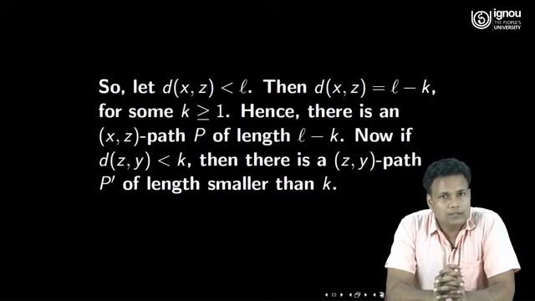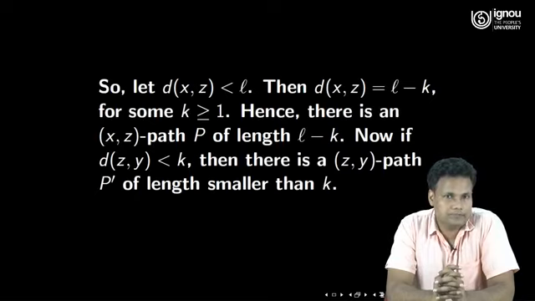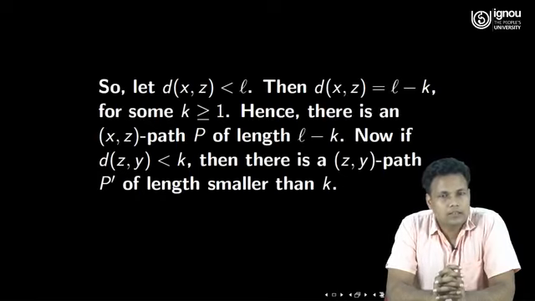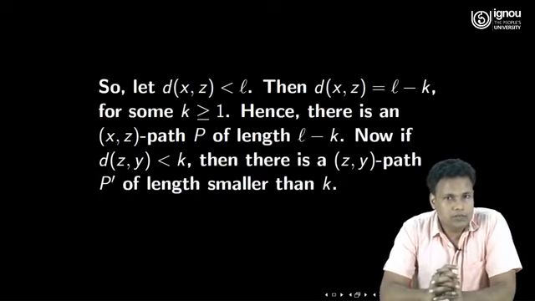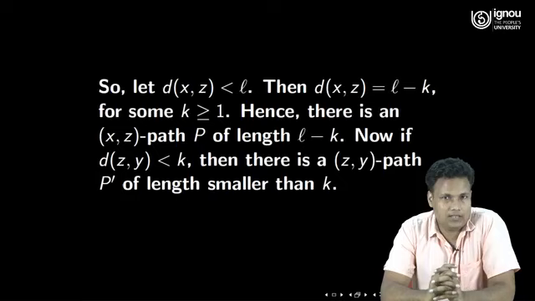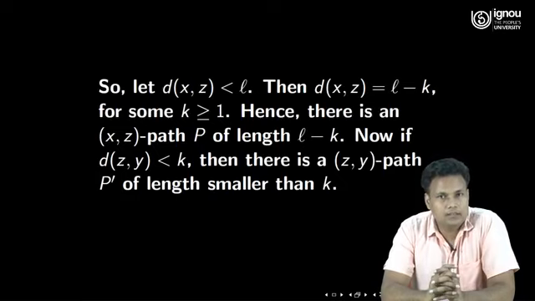Now we claim that the distance between z and y cannot be smaller than k, because if it is smaller than k, then there is some yz path, say p dash, which has length smaller than k, and we have the path p which is from x to z and has length L minus k, and p dash is the path from z to y which has length smaller than k.